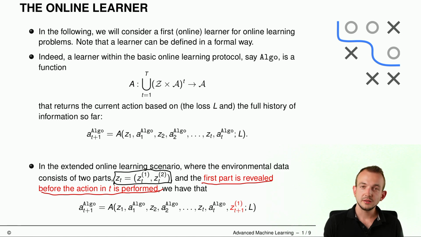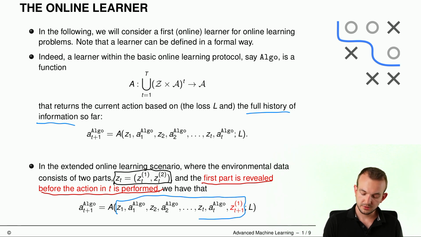What we can do then is extend the full history of information by simply adding this first part of the current environmental data point if we are right now in time step t+1. So in time step t+1, before we make the action, we see this first part of the environmental data point, and we can take this into account to make an action.